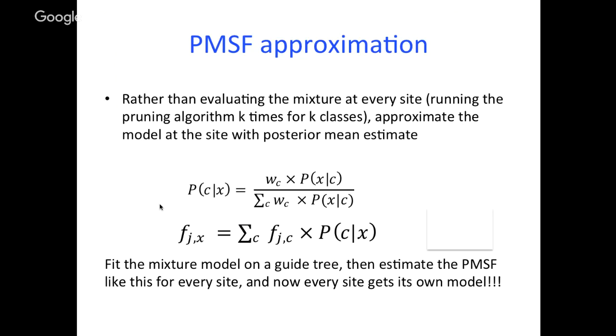So it's almost like a smoothing procedure: we've got this discrete distribution approximating something that's very, very rich. And this posterior mean approach tries to get you somewhere in between some of the classes to more smoothly fit the real data at that site without actually directly estimating a free parameter at that site.